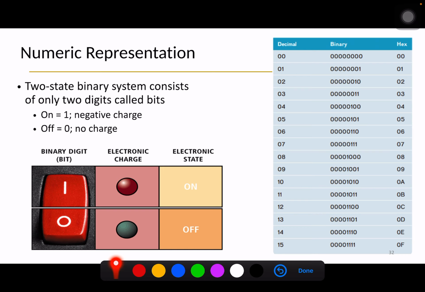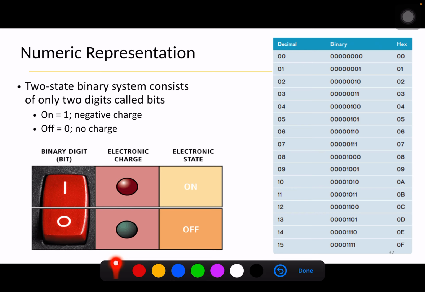For example, in representing the numbers 0 to 15, we must convert them to the binary system first to be stored in the computer.